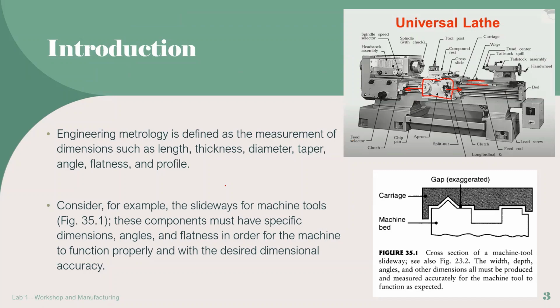So your slide base has such components, such dimensions, angles, flatness, and they have to be accurate in order for the machine to move your carriage along smoothly. Otherwise, it won't. So your length, your gap should be accurate. And here we have metrology in usage, so that we can have the correct dimensions.